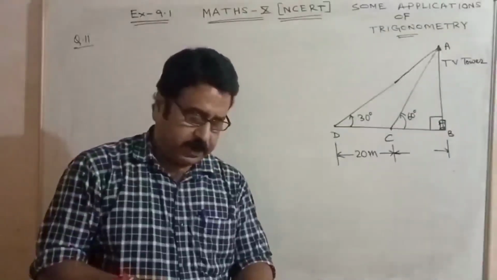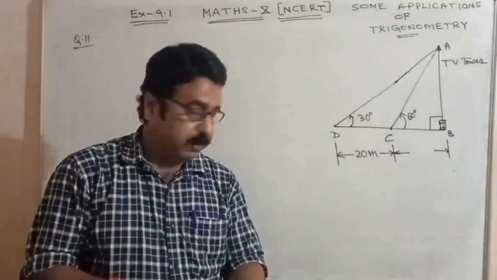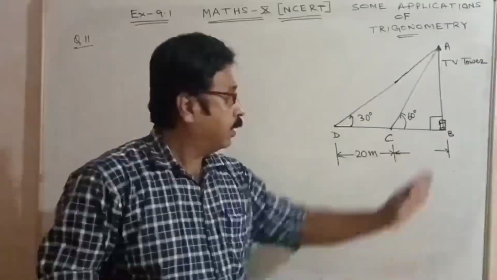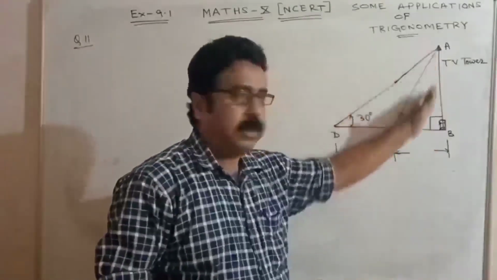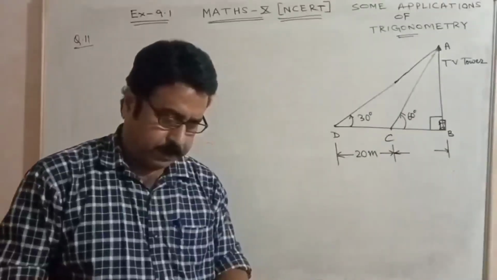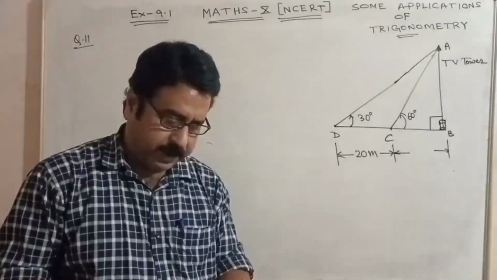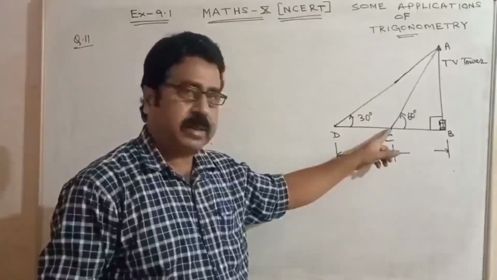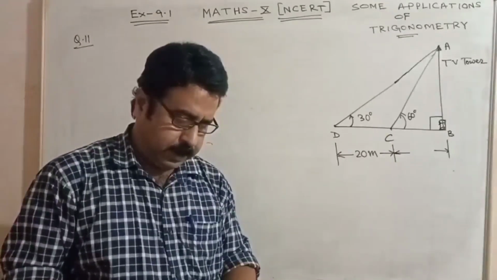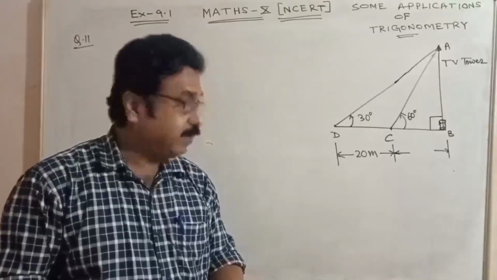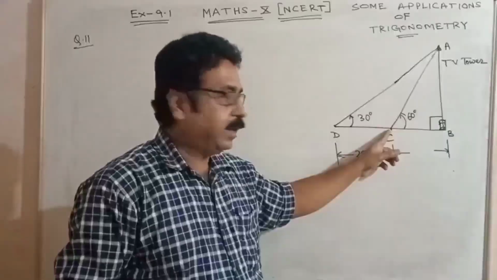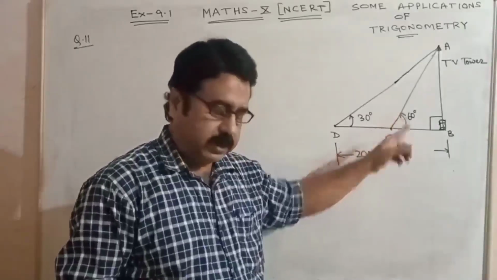A TV tower stands vertically on a bank of a canal. BC is the canal. This is the TV tower. AB stands vertically from a point on the other bank. This is a point on the other bank. The angle of elevation of the top of the tower is 60 degree. A point is the top of the tower. From point C, angle of elevation is 60 degree.